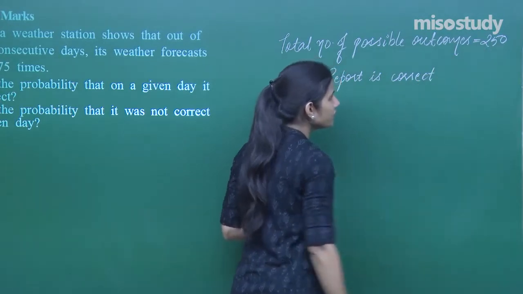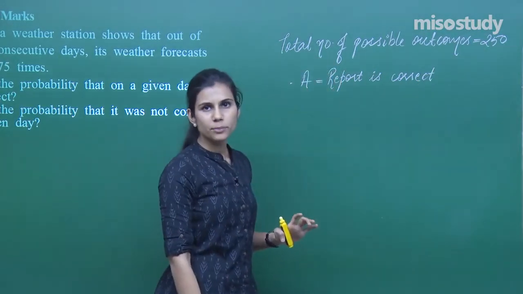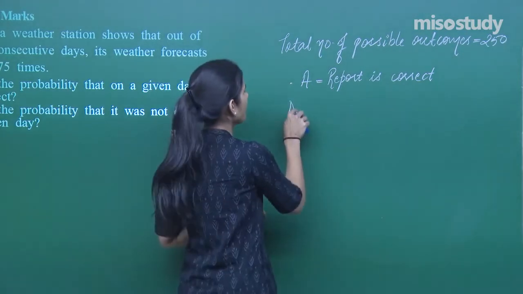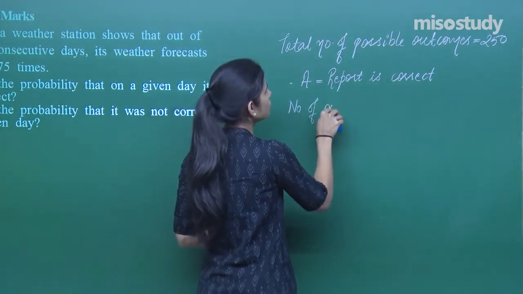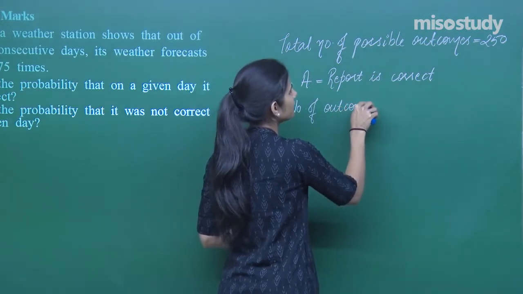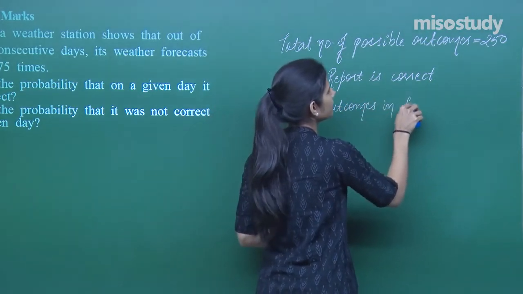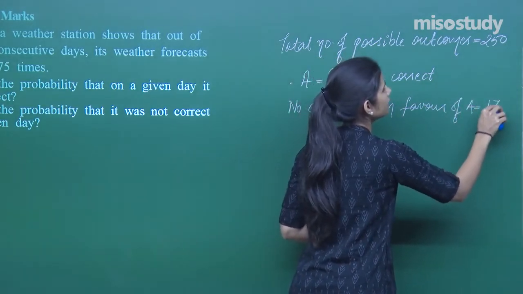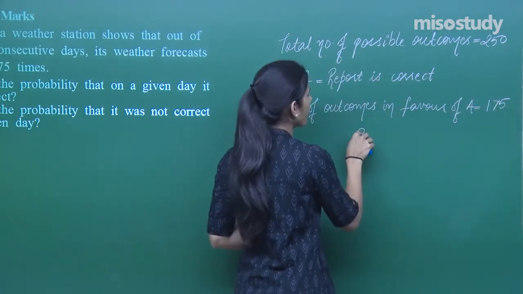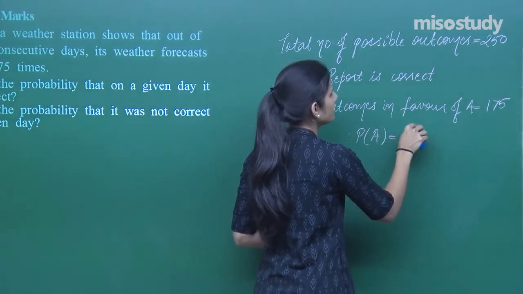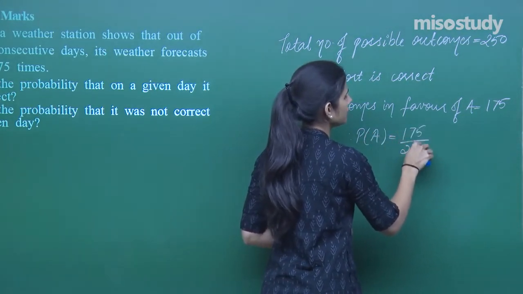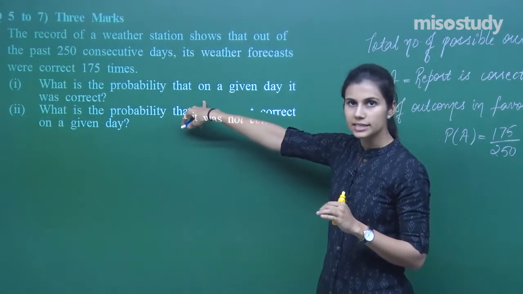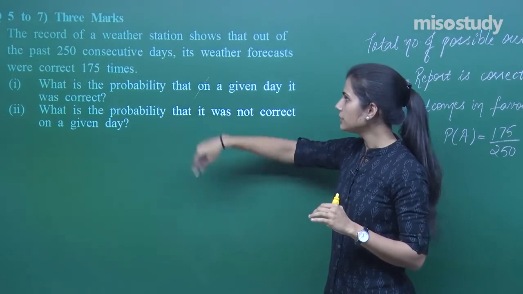So out of 250 reports, 175 results are favoring A. So the number of outcomes in favor of A is 175, and therefore the probability of A is 175 by 250. A is that on a given date the report is correct. So we have found the probability of the first case.